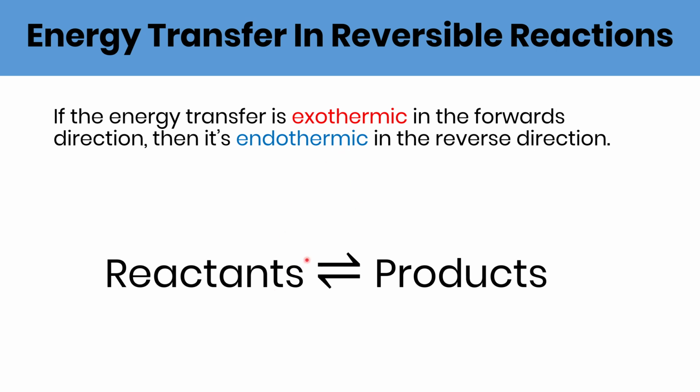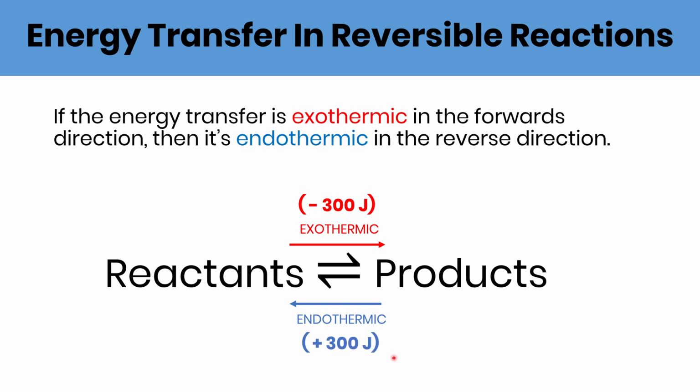You never know which direction is going to be endo or exo unless you have experimental evidence, but they will always be endo in one direction, exo in the other. In this example, the forwards reaction is exothermic, and in this case it released 300 joules of energy. That means the reverse reaction will be endothermic, but it will absorb the same amount of energy as was released in the forwards direction. So this one will absorb 300 joules of energy.